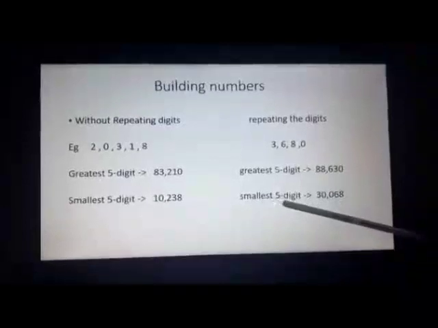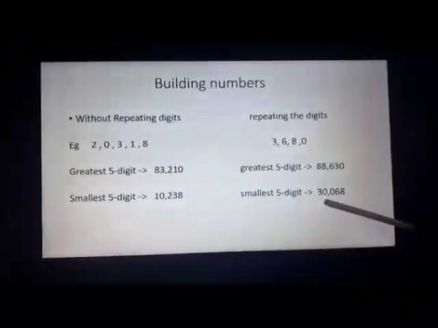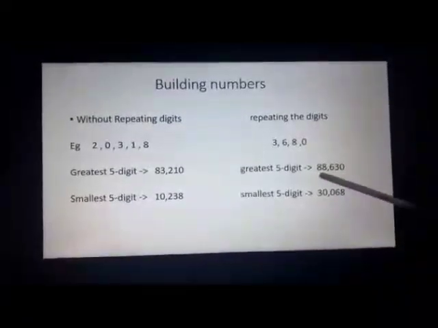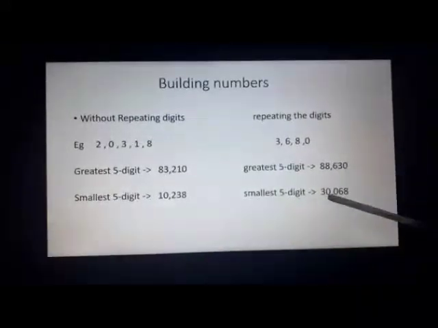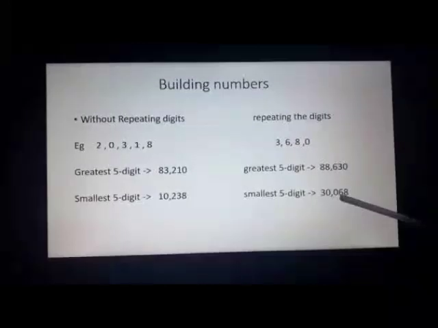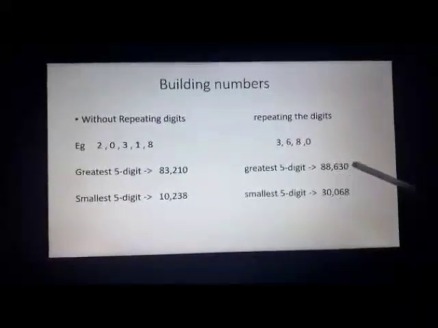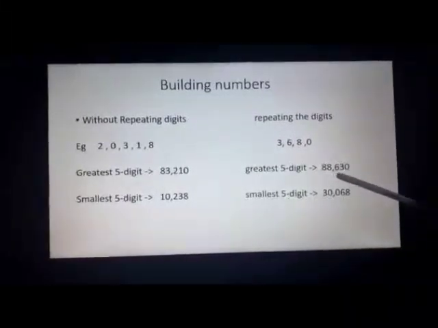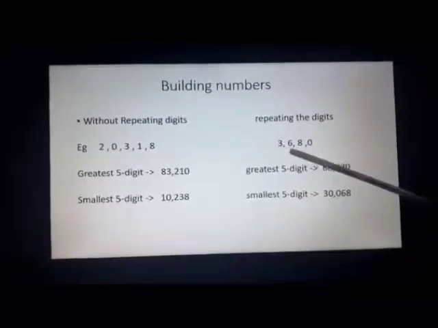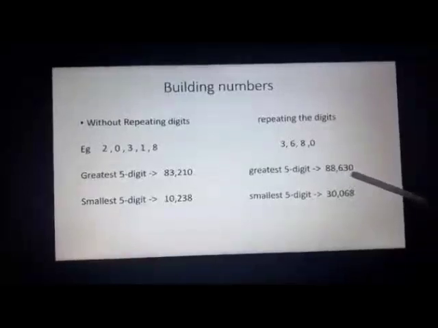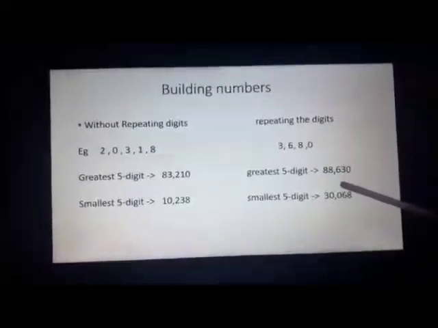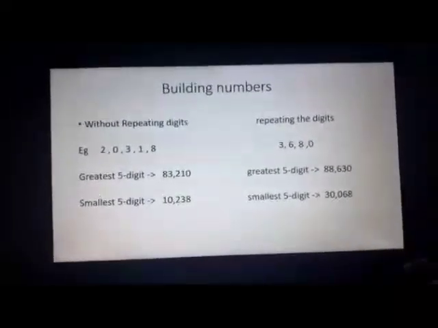If it is the smallest number, the smallest digit will be repeated. That means 88,630 and 30,068. Children, I will use just period commas, no other commas. If I put commas like that, they again become digits, not the number. Now let us come to the next slide.